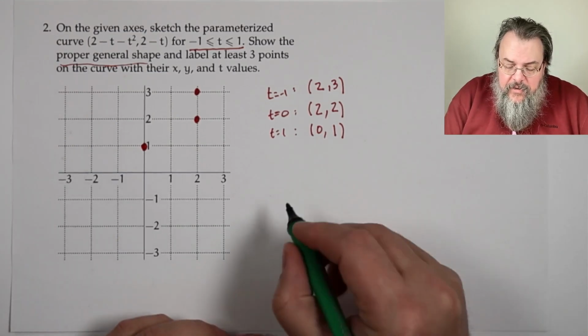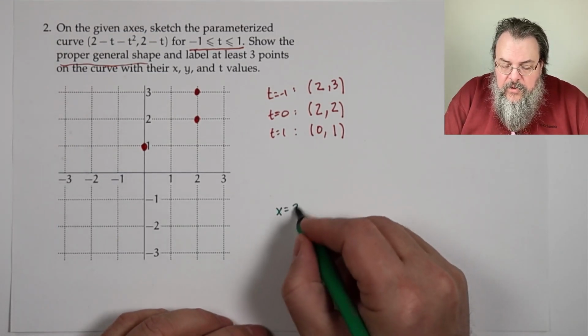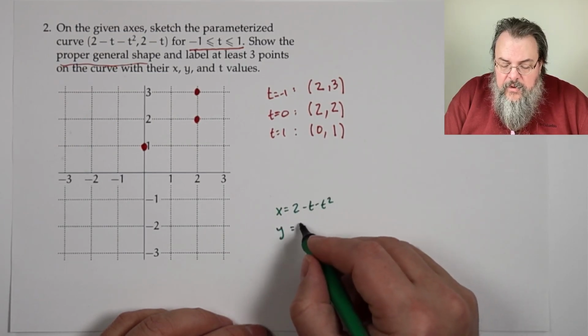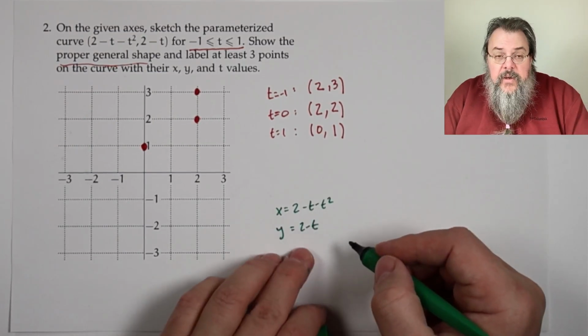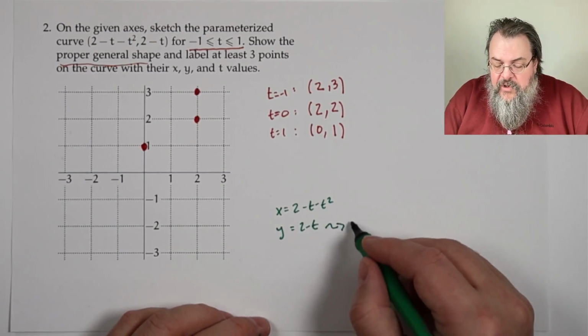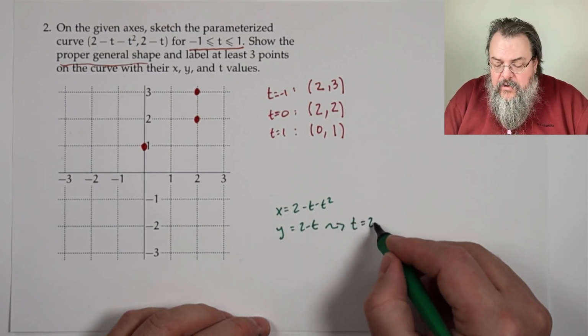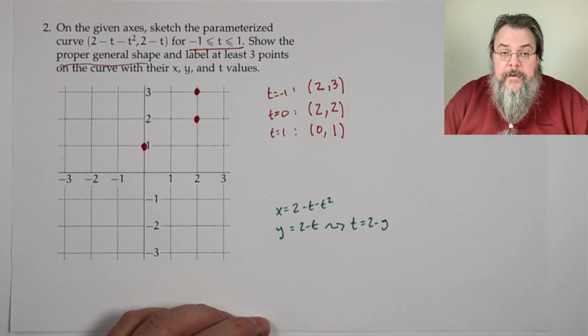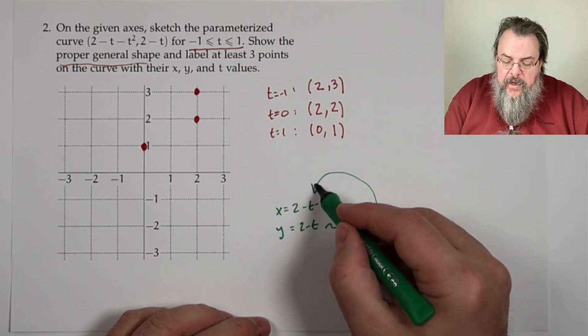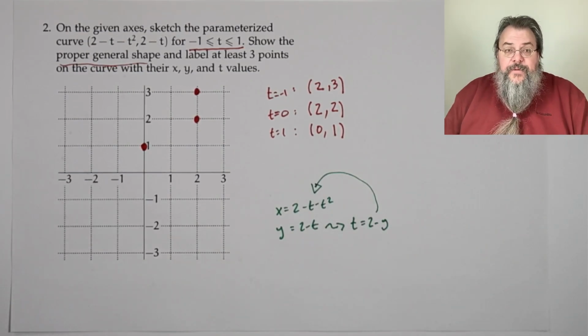We have our two slots, namely x equals 2 minus t squared, and y equals 2 minus t. Well, we can solve for t in that second one, so we can put t in terms of y: t equals 2 minus y. And once you can solve for that in one of the slots, you can then substitute in.